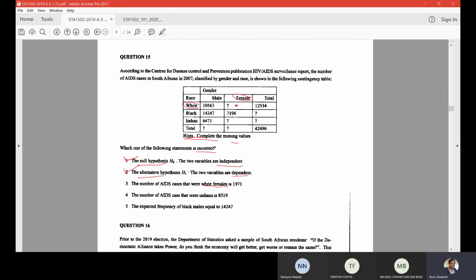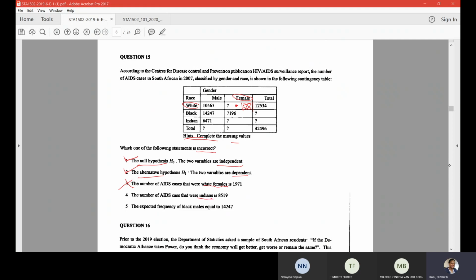So you can calculate this by saying 12,534 minus 10,653, which is equal to 1,881. So this is incorrect. So we already have our incorrect answer. You don't have to continue looking at all of them.